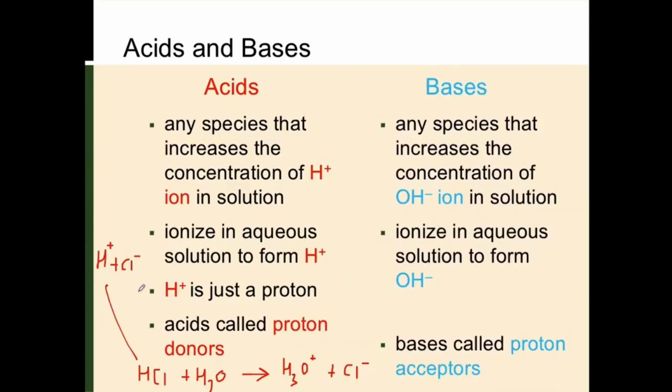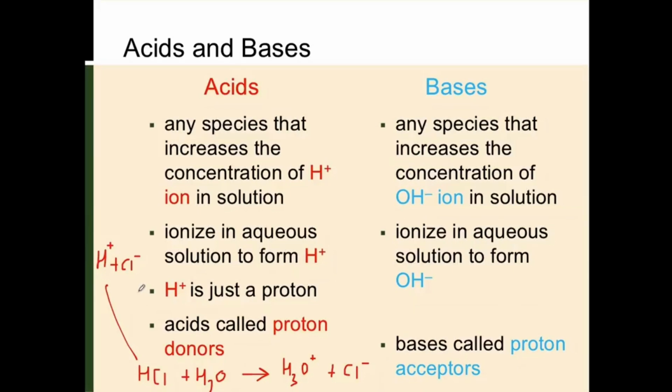Bases then are any species that increases the concentration of an OH- ion in solution. That's from our Arrhenius definition, and they ionize in aqueous solution to form OH-. For example, with sodium hydroxide, we have our sodium and we have our hydroxide. Before we add them to solution, they are a crystal, which has both the sodium and the hydroxide in it.